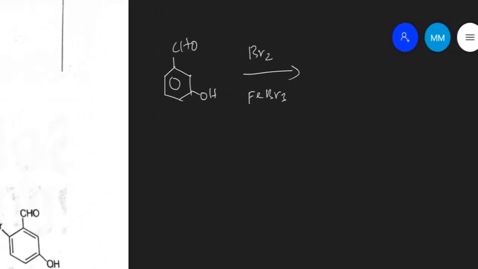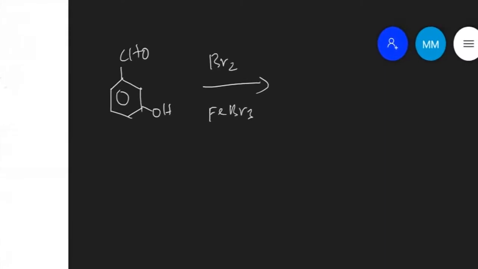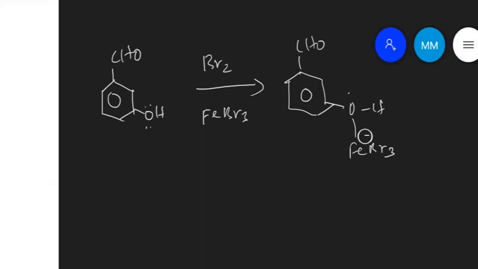The role of FeBr3 is to abstract electrons from the electron rich species, because it is an electron deficient species. The FeBr3 is involved with the CHO and the OH, so here you get a negative charge, here a positive charge.